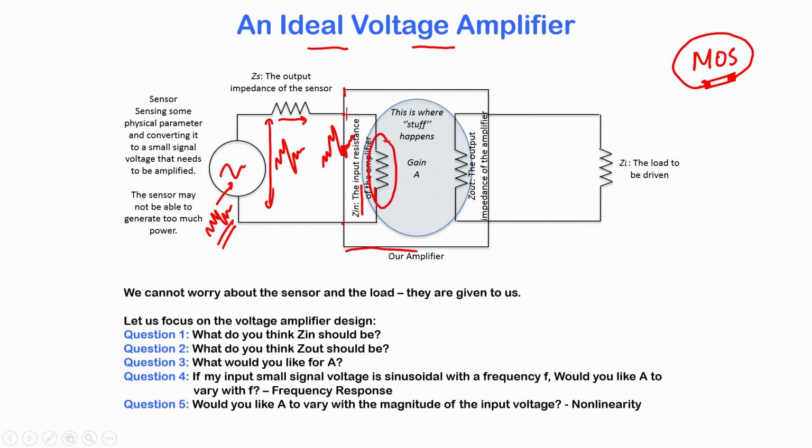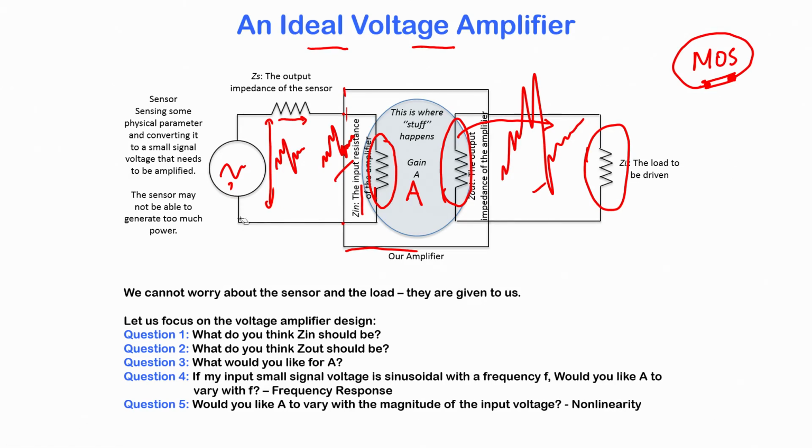Then the amplifier does its magic, and it provides a massive gain A, and the output voltage is sent through the output node of the amplifier. This is where the amplifier sends it off to the load element or the external environment. So, here you should have an amplified voltage signal of whatever came in. So, that is the purpose.